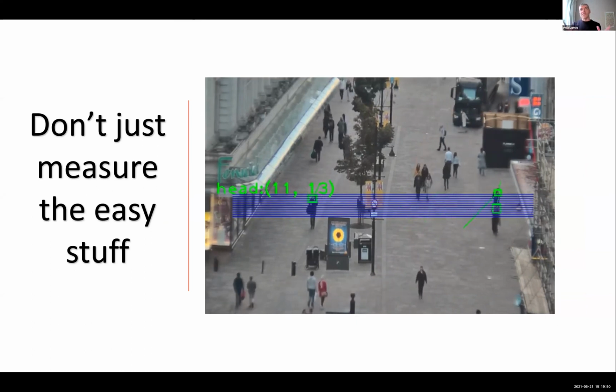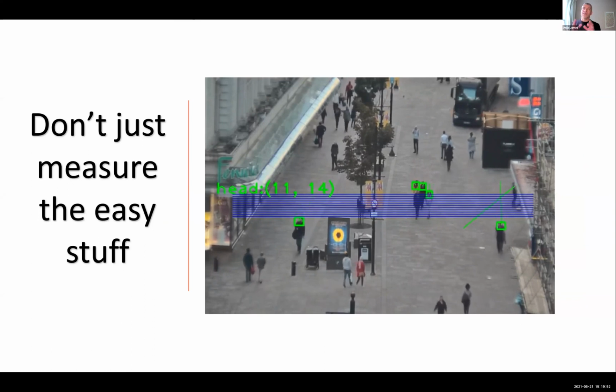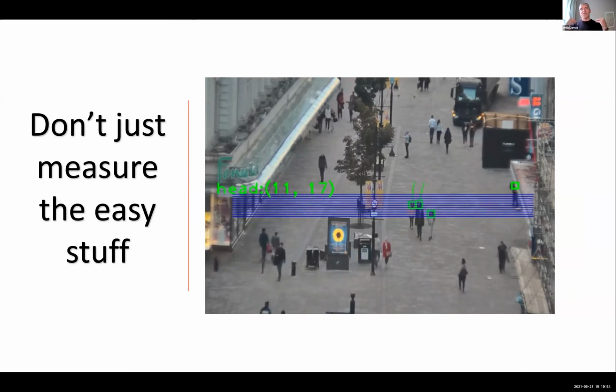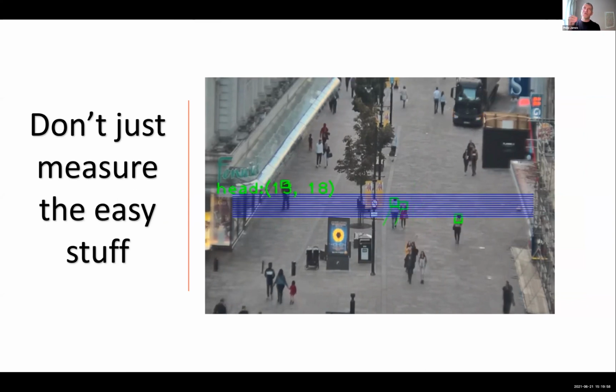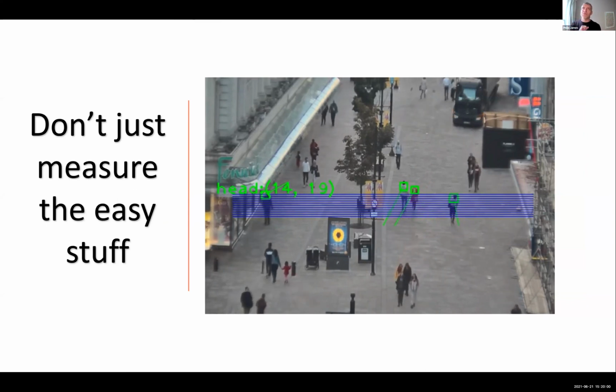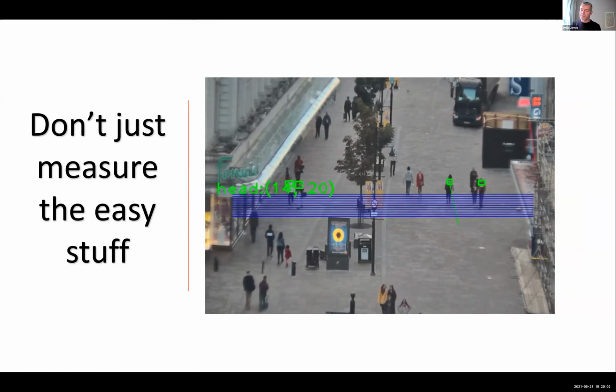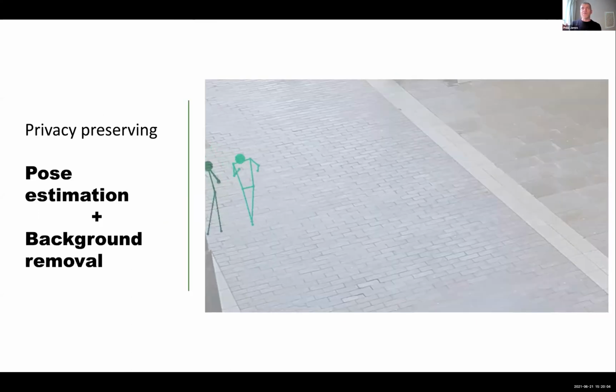And of course, that raises real concerns, and there are huge concerns in the UK and Europe over this sort of surveillance society and all of that. But I think it's critical that we do capture it. We just have to do it in a privacy preserving way. So some of the work we've been doing is taking CCTV, turning them into these beautiful stick figures, and then removing the people from the image.